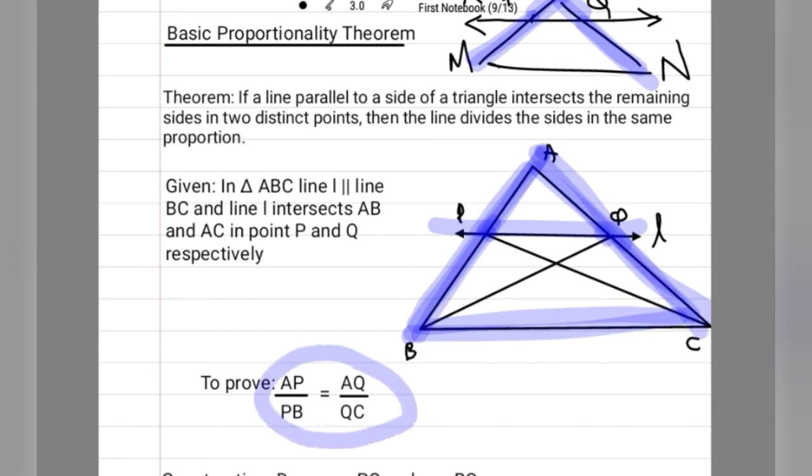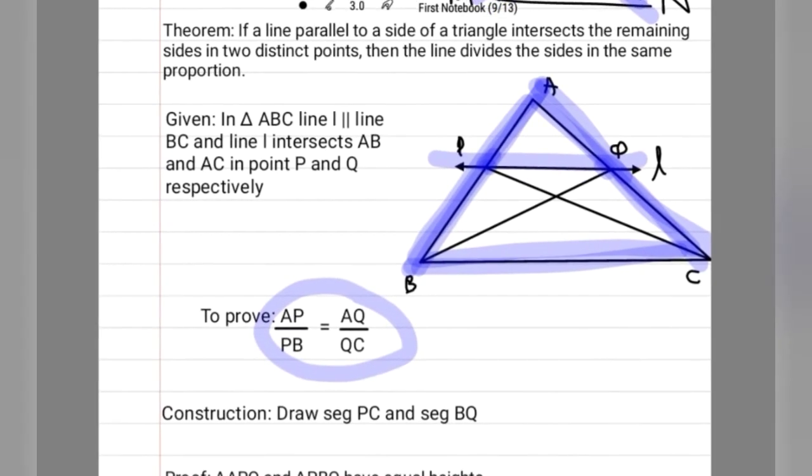For this theorem, we need to do a small construction, that is, draw the segments PC and QB.